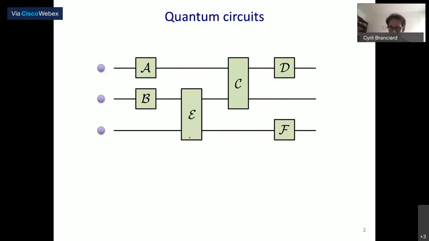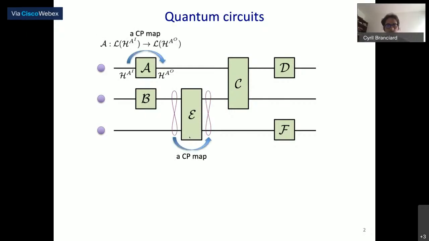So these quantum systems can be quantum systems living in some Hilbert space of any dimension, and those quantum operations are typically taken to be CP maps, completely positive maps, acting on some operators in some input Hilbert space, H_AI for input, and outputting some other operator in this H_AO for output Hilbert space.